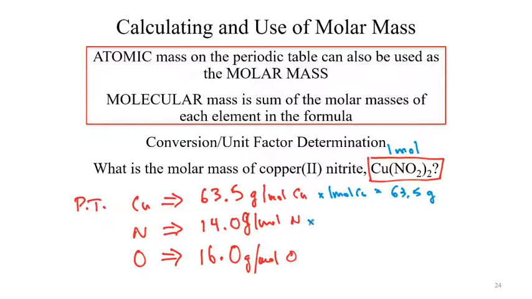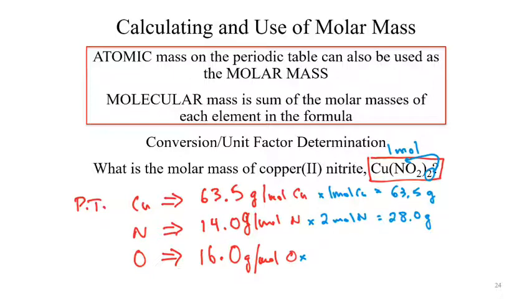Now, how many moles of nitrogen? Because of this formula, I know that the 2 applies inwards, and I have 2 moles of nitrogen. So 2 times 14, I get 28.0 grams.